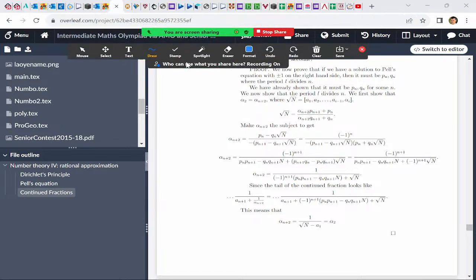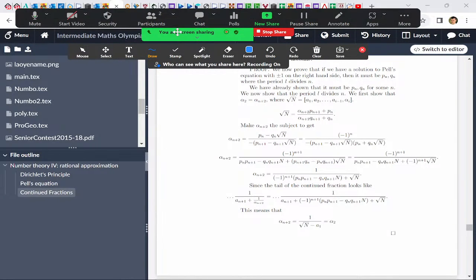Oh, my phone's gonna die. I need to charge it. Really?